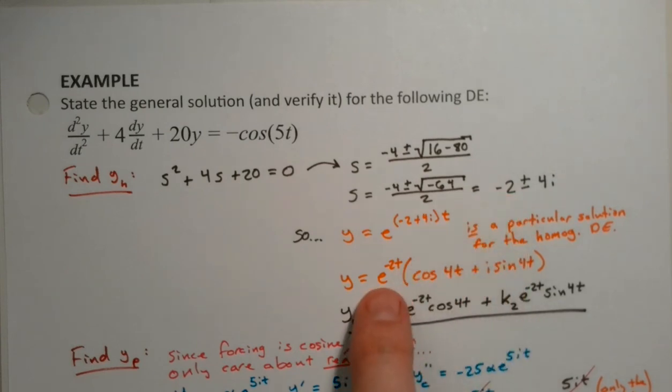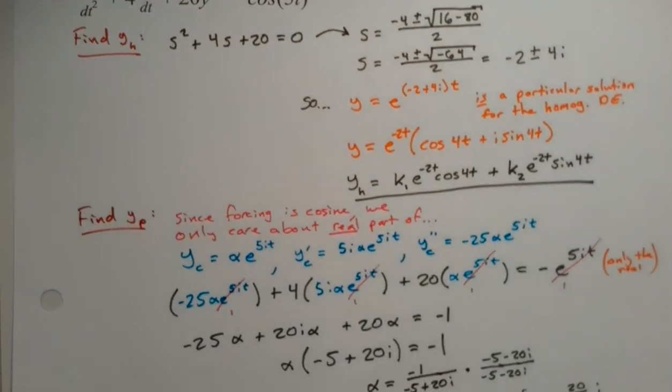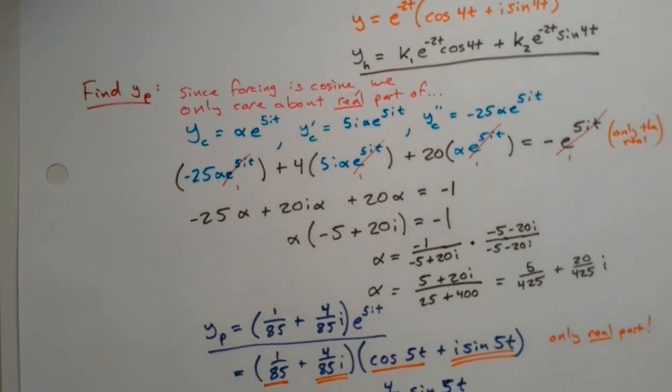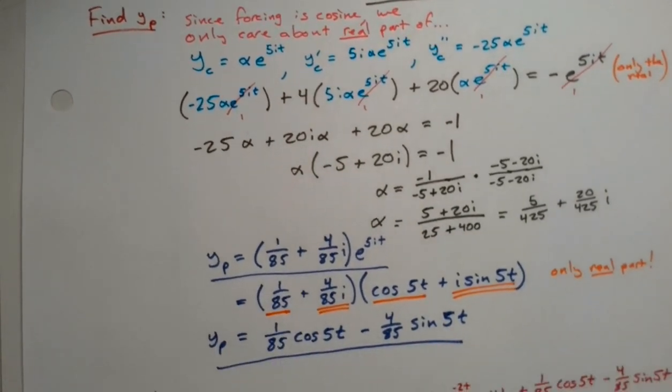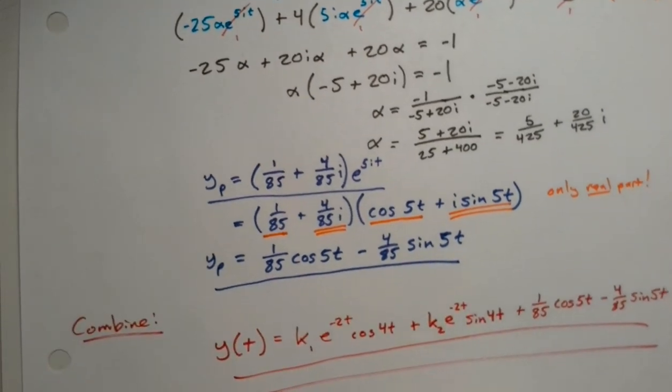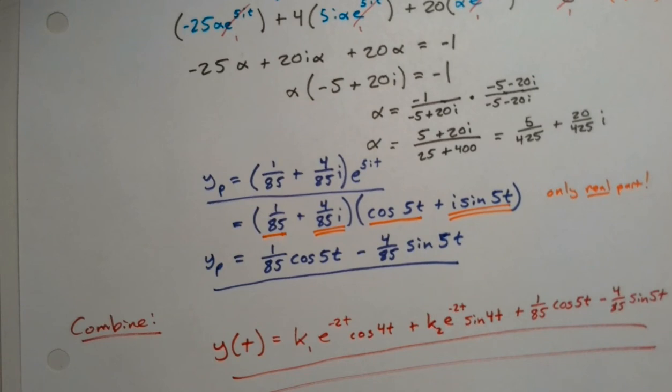But we can jump right to the solution using the Euler expansion of one of those particular solutions and get our homogeneous part. Put that together with the complexified process that found our particular solution, and we wind up with our overall general solution.